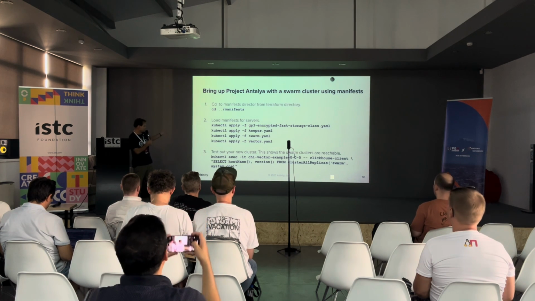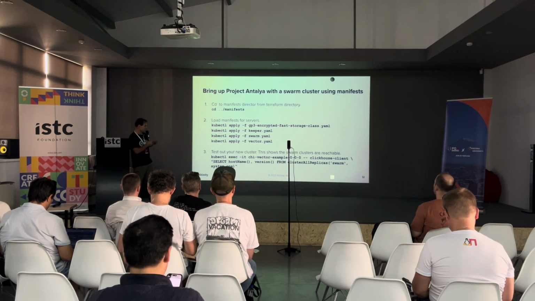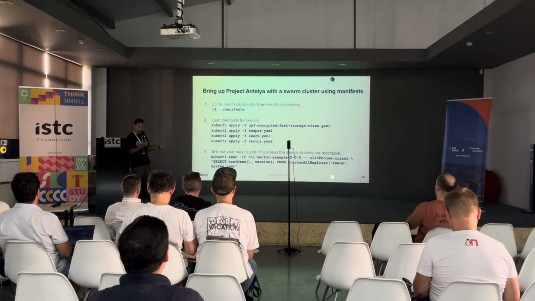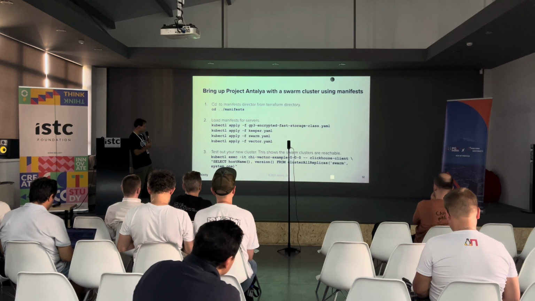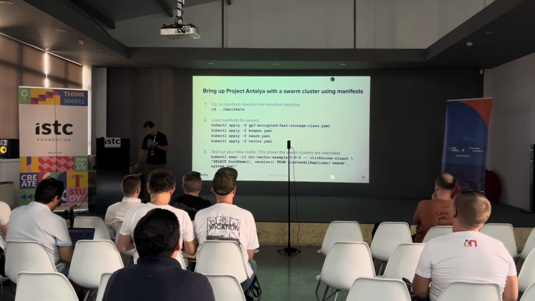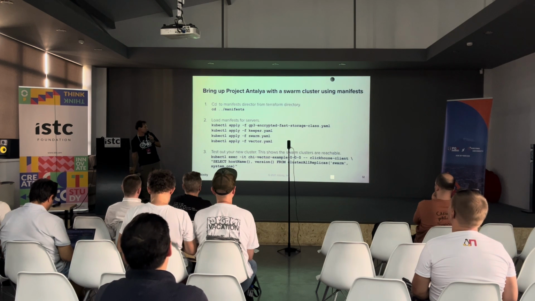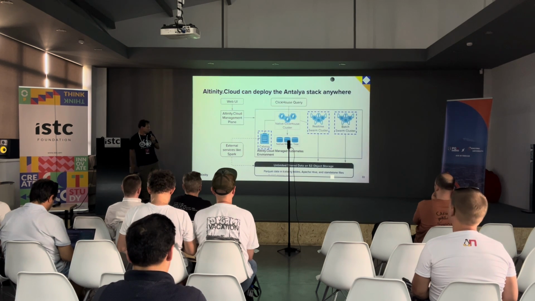So you can apply this as a number of manifests, and it will stand up a very trivial ClickHouse node and ClickHouse swarm cluster that you can use in order to run examples that I just demonstrated. So it really works, and we hardly work to make it better.